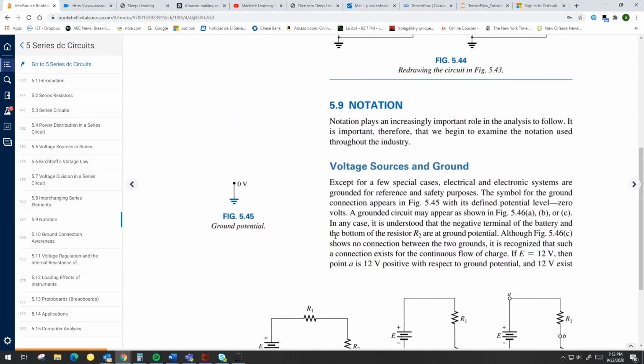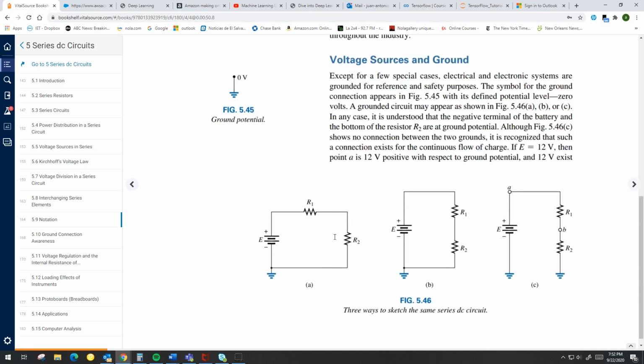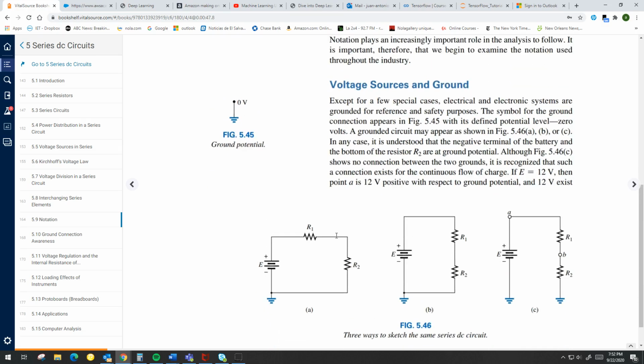Now we're going to talk about notation. It's important that we talk about notation when we're referring to voltages and we're referring to ground in a circuit, because it keeps everything consistent. Ground in our terminology, again, this is the symbol for ground, is normally considered to be 0 volts.